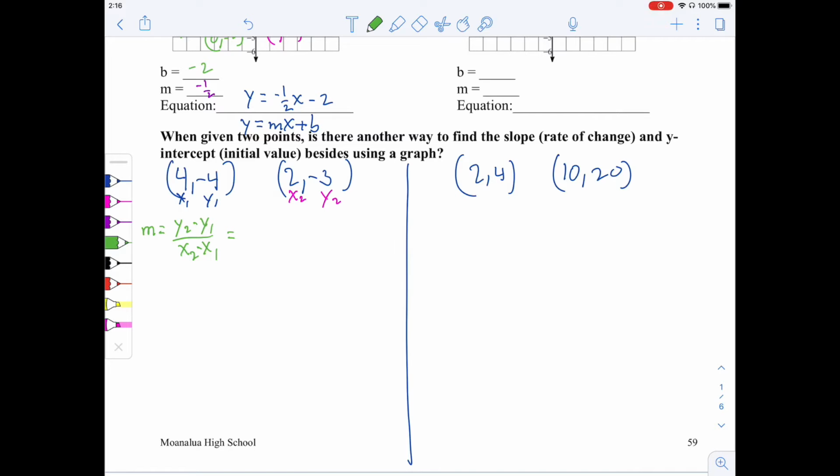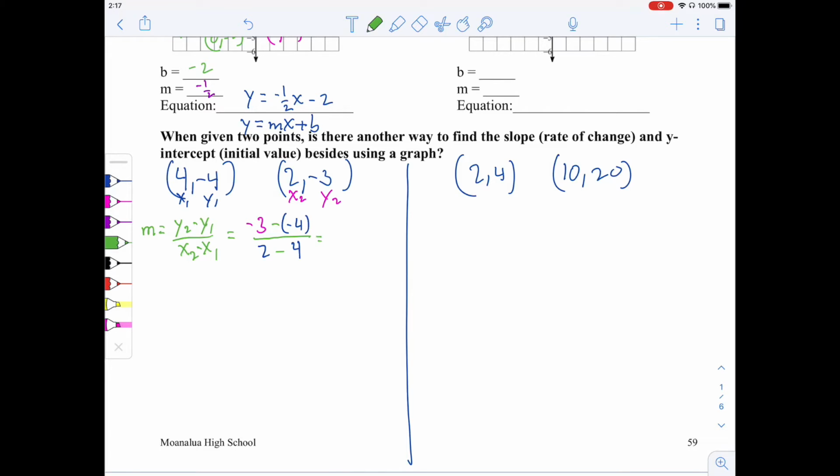So y2 was -3, and then we're going to subtract our y1, which is -4. So put parentheses around the negatives, keep our negatives straight so we don't get confused, right? And then x2, 2, minus our x1, which is 4.